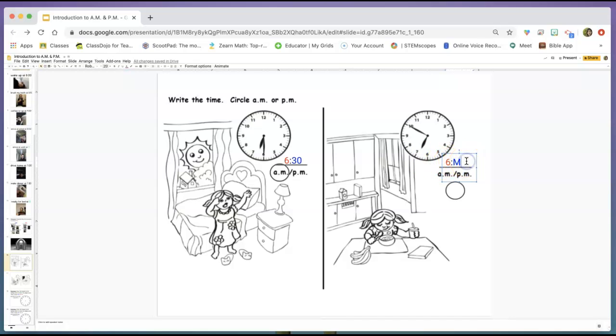Now, I need to read my minute hand, which is the long hand. I have to remember to read it a little differently. I have to start at 12 and then skip count by 5s. So starting at 0, 5, 10, 15, 20, 25, 30, 35, 40, 45, 50. So the time is 6:50.